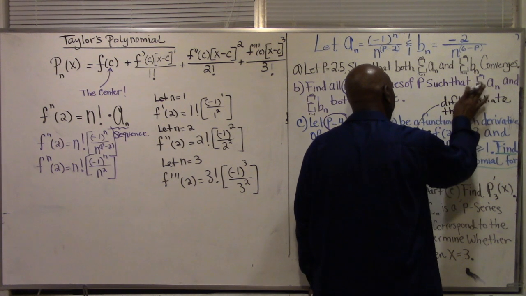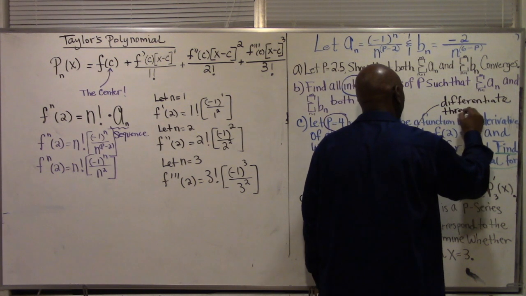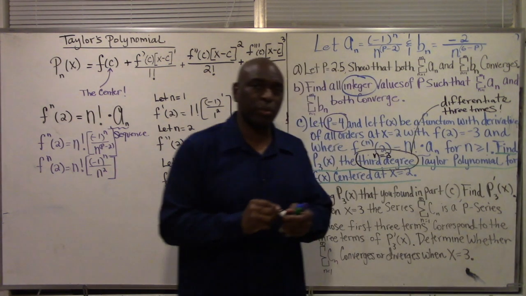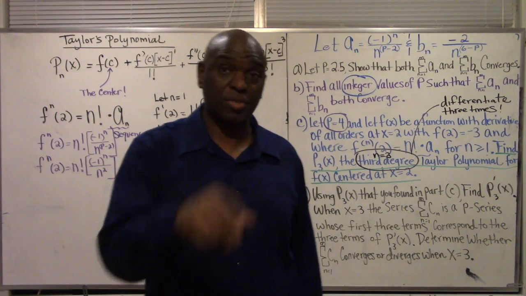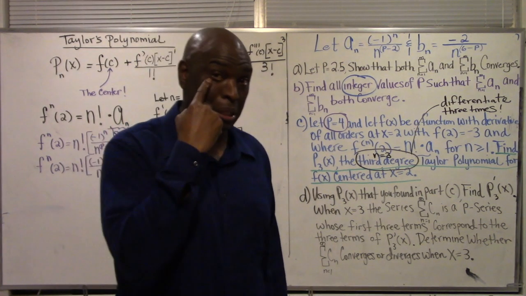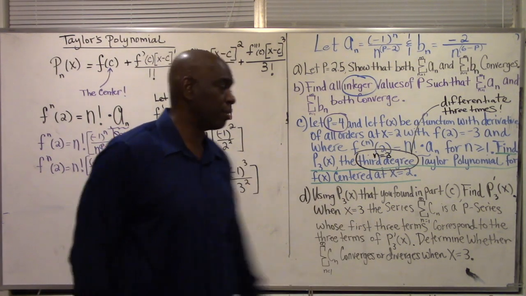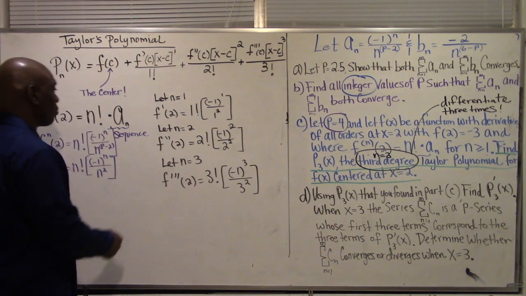If it were a fourth degree, 4 derivatives. Fifth degree, 5 derivatives. Second degree, 2 derivatives. The degree is indicative of how many times you have to differentiate. So I have a third degree, I have 3 derivatives here.